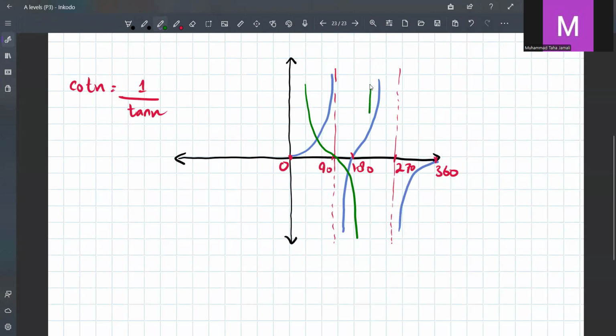This is what the graph of cot x will look like, with the vertical lines that will never touch 180, and similarly, it will never touch 360.